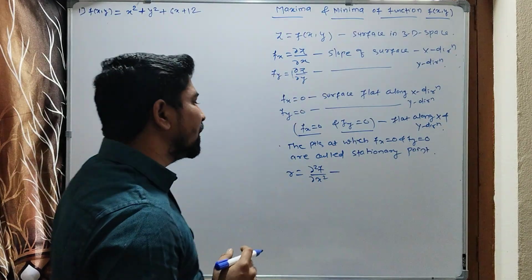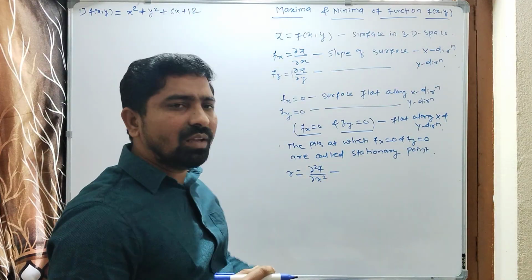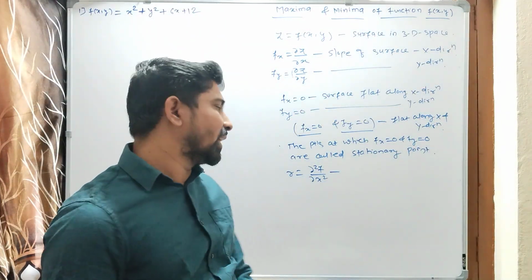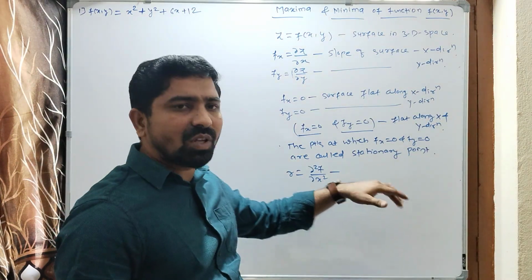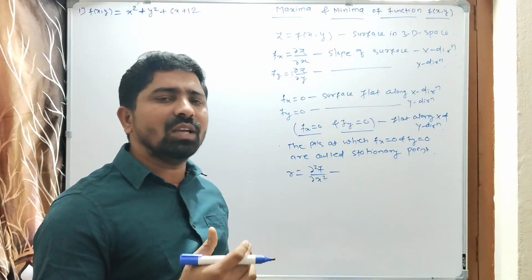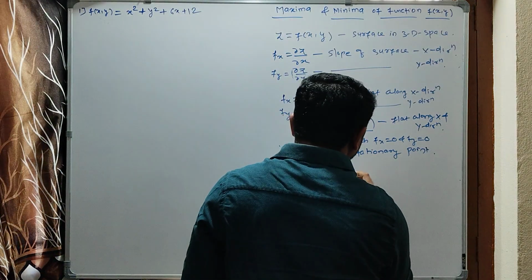So here this represents the bending of my surface along the x direction, or we can say the curvature of my surface along the x direction. So this gives curvature.